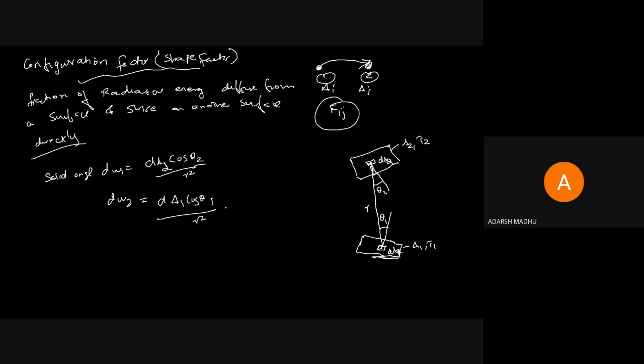Then we can write the heat transfer rate, the energy leaving dA1. I am writing two equations, energy leaving 1 to 2. I defined the configuration factor as the radiative energy leaving the surface of one body to the surface of another body.